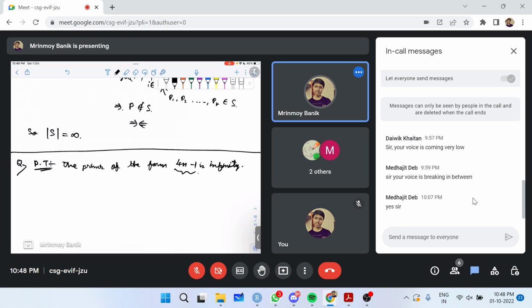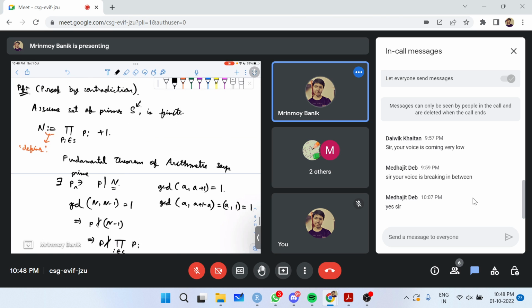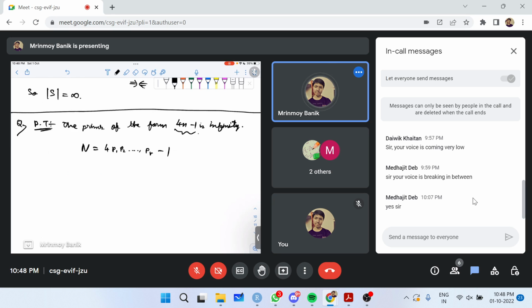We just construct N as 4 times p1, p2, up till pr, minus 1. You see, the construction is a bit different from the previous one, but why are we sticking to this one?